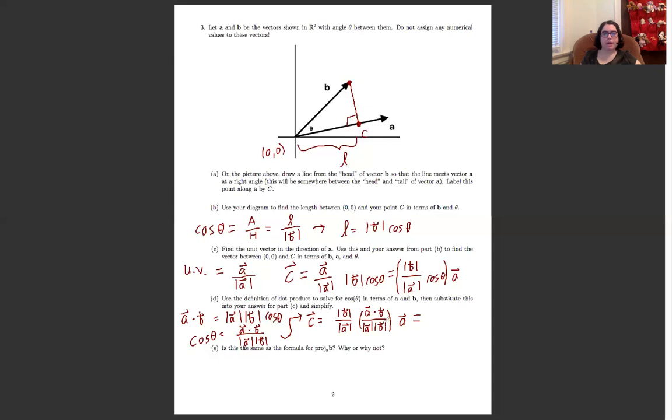In particular, I've got a magnitude B up top and magnitude B down bottom, so those will cancel out with each other. And I should be left with A dot B over magnitude A squared times A, which is also the same as A dot B over A dot A times A, which is also the same as A dot B over magnitude A times A over magnitude A.